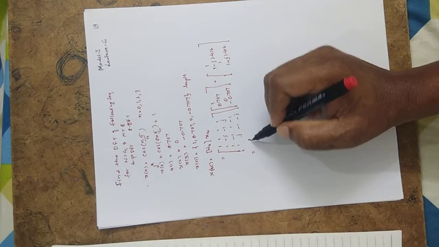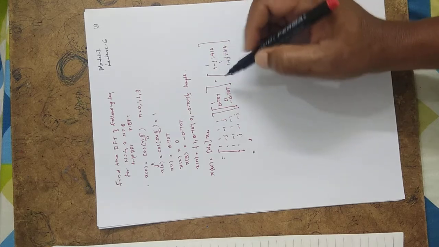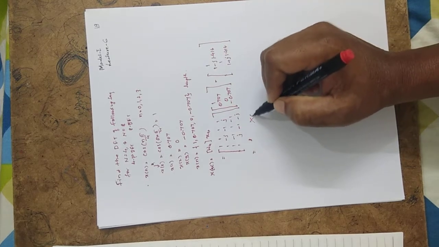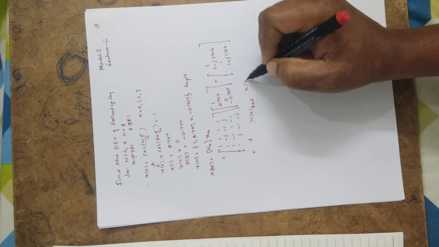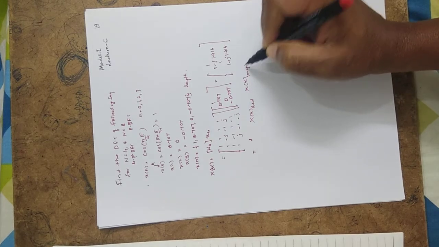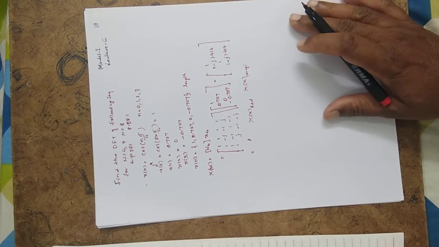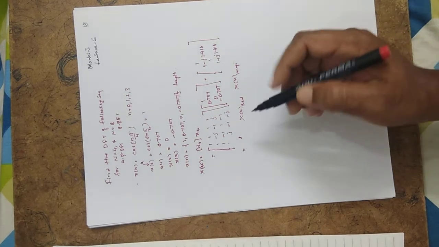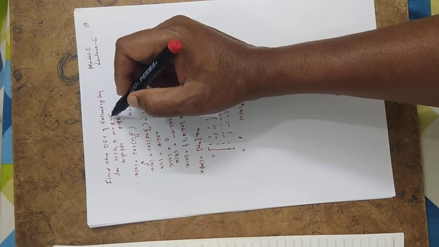Then if they ask for the magnitude and phase, separate out the real part of X of k and the imaginary part of X of k, and do the same thing you have done in the earlier case. Similarly for N equal to 8, you take this as an example.